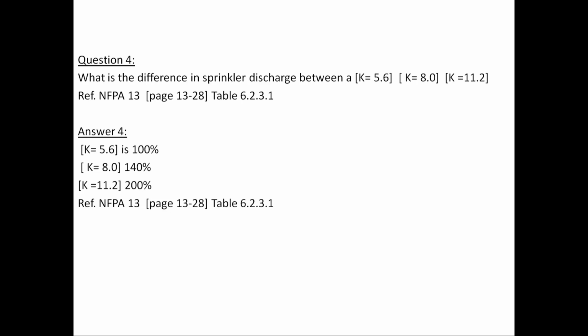Question number 4. What is the difference in sprinkler discharge between a K 5.6, K 8.0, K 11.2? Per NFPA 13, page 13-28, table 6.2.3.1.